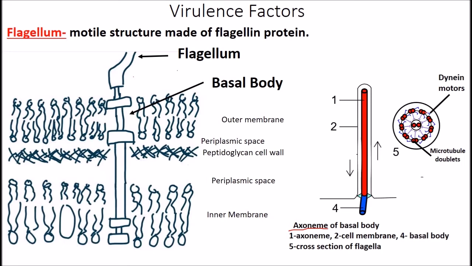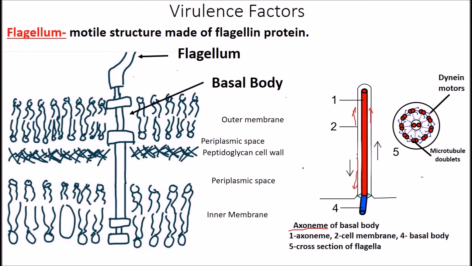They all have dynein motors, and the dynein motors use the binding, hydrolysis, and release of ATP to move one of the microtubules upwards and another one downwards. So this one is coming up out of the page, and this one's going into the page. And that ultimately produces that oar-like motion. It's not really understood how, but you can imagine that if something's going up here and something's going down there, that would produce an oar-like motion. And that's the flagellum.